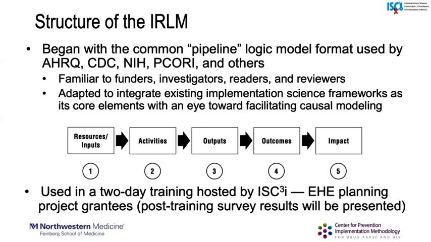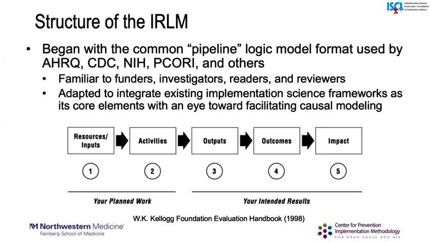I have a presentation that I've done where we tried to do an overlay and essentially show the elements of the traditional pipeline model, how they map on to the implementation research logic model. Many of them do. So the old model does work in certain ways, but we also were able to identify a lot of shortcomings with places that implementation research just does not have an analogous overlap in any way with the current pipeline approach. So hopefully that'll become evident.